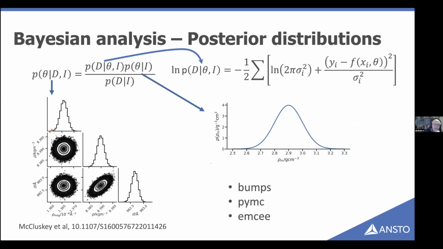What we're after in most modeling is these distributions of parameters, with the mean or the median giving the parameter value that we report, and the standard deviation or the variance or some other statistic giving you the width of that distribution.